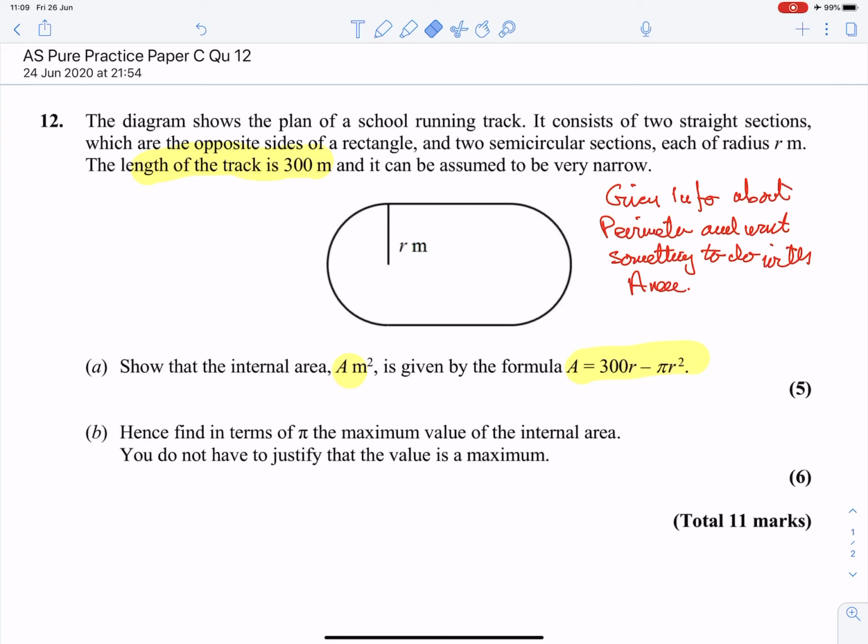Show that the internal area is given by the formula, but we know something about the perimeter. So let's first find an expression for the perimeter. So we've got a circle.